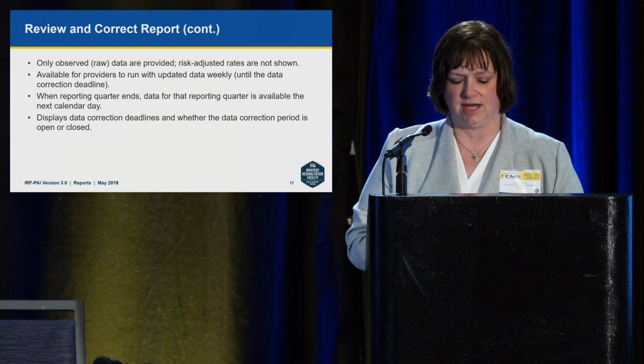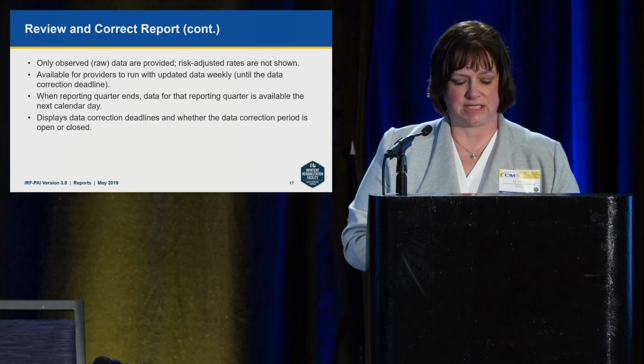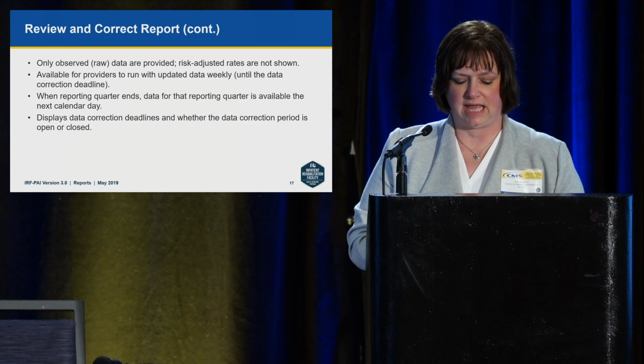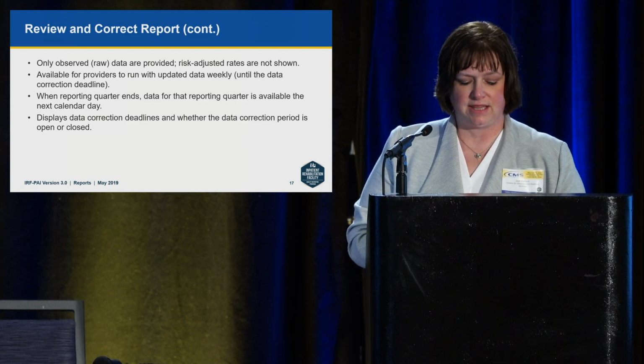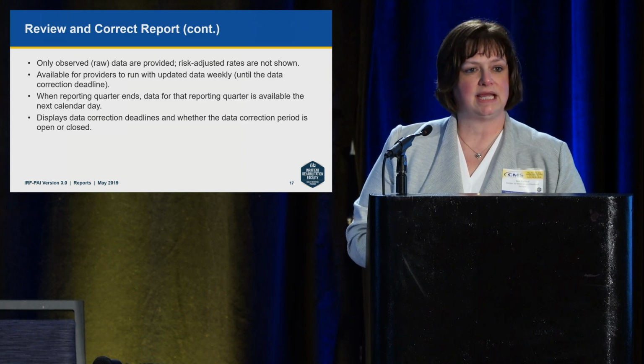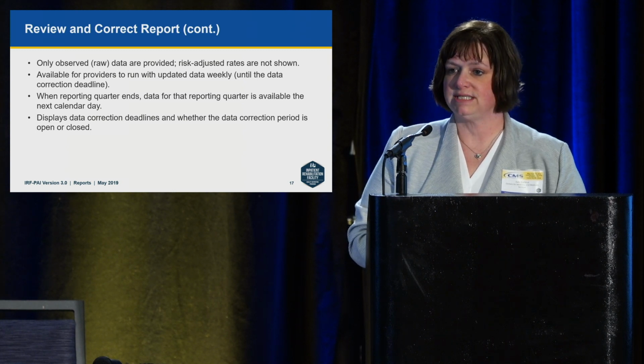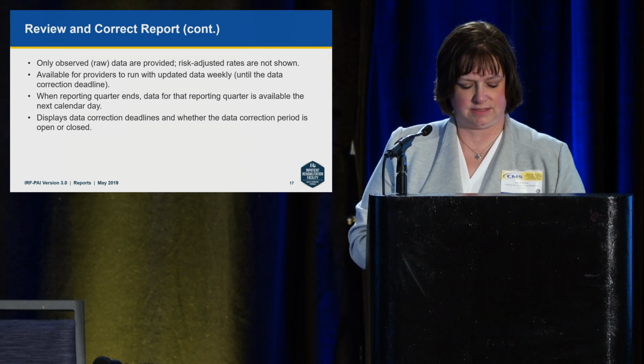Risk-adjusted rates are not shown. However, risk-adjusted rates are needed in order to calculate the discharge self-care and discharge mobility measures that display on the review and correct reports. The data on this report are updated weekly until the data correction deadline has been reached.